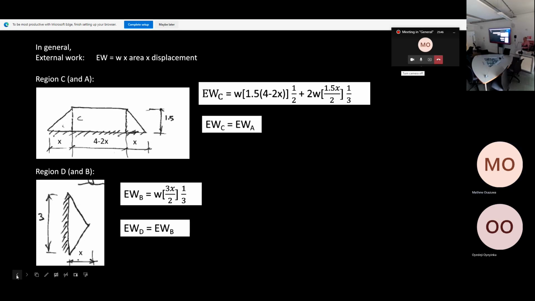Because for the internal work, it's M theta, moment times rotation. This is what we did in the plastic theory before. The work of a moment is moment times rotation. Yes, force times displacement. For external work, why is theta not there? Why is it not the length times theta?